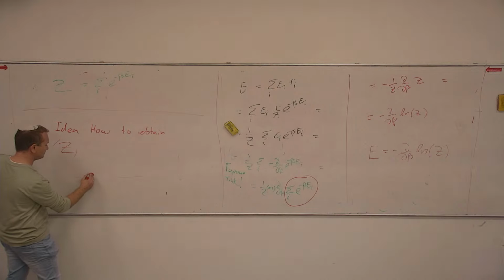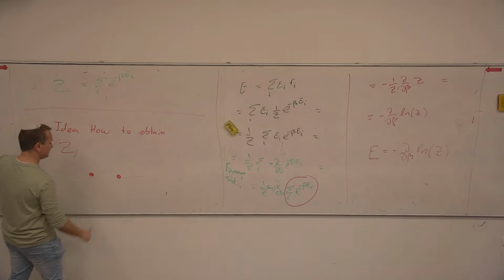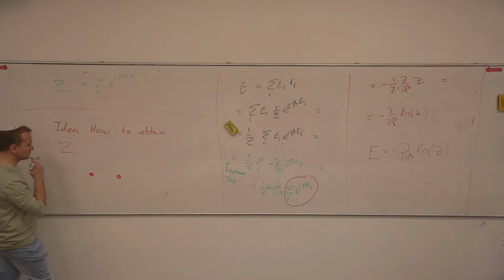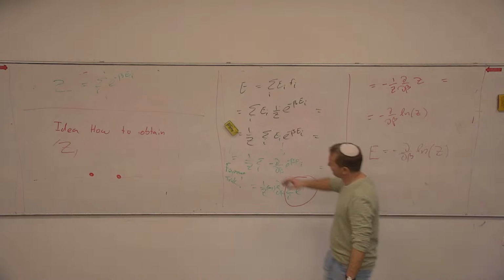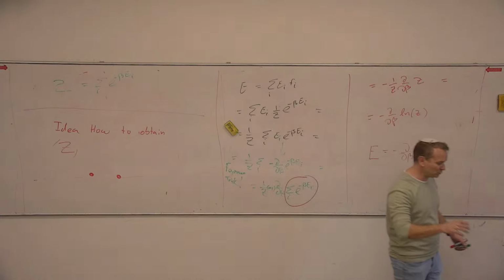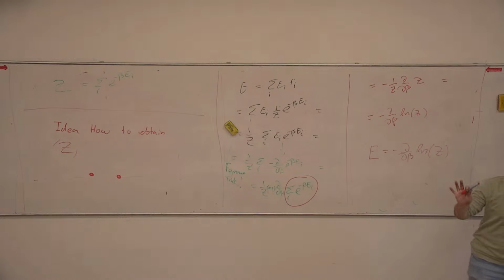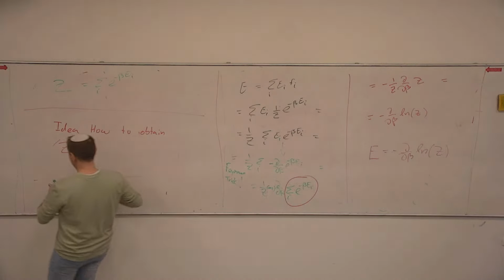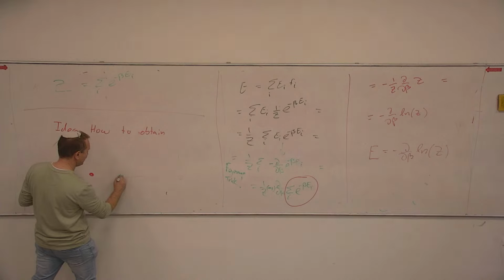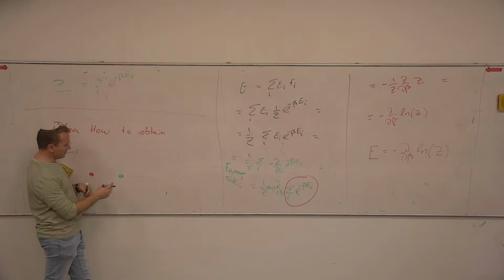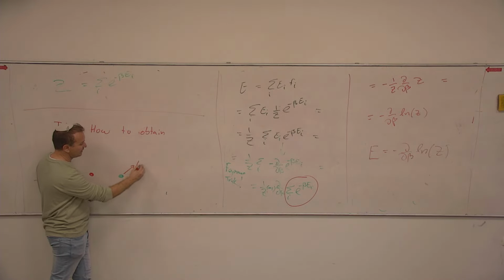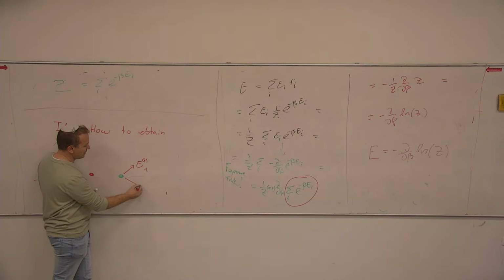I have two particles. They're absolutely not interacting. Okay? This one is going to be red, and the other one is going to be green. Red, green. Everybody is capable of separating red and green? Okay. So let's assume that we have a red and a green particle. They are not interacting. The green particle has energies E1,1 and E1,2.